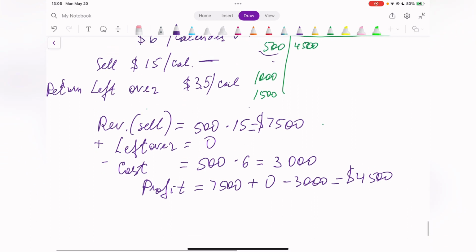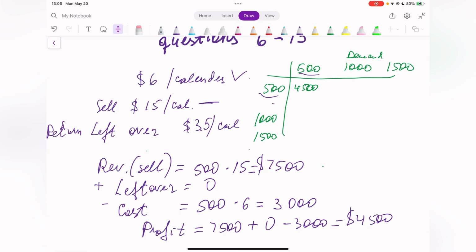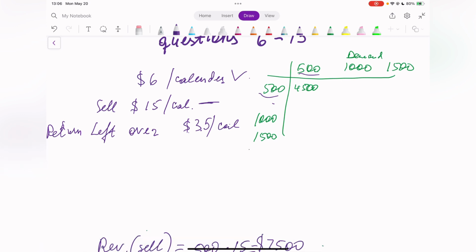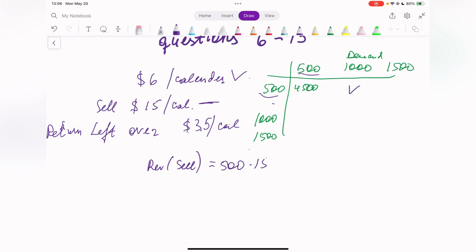Next, let me make the line. Now we're going to work with demand 1,000 and supply 500. Who cares that demand is 1,000? We can supply only 500, right? Therefore revenue from sale is again 500 times 15, 7,500.